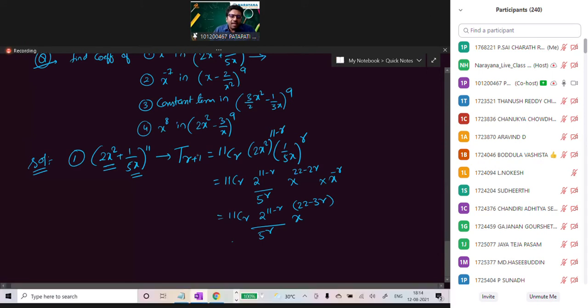That means in T(r+1), the power of x will be this. Do you understand? If you put r equal to 0, the power will be 22, right? If you put r equal to 1, that is in the second term, the power will be 22 minus 3.